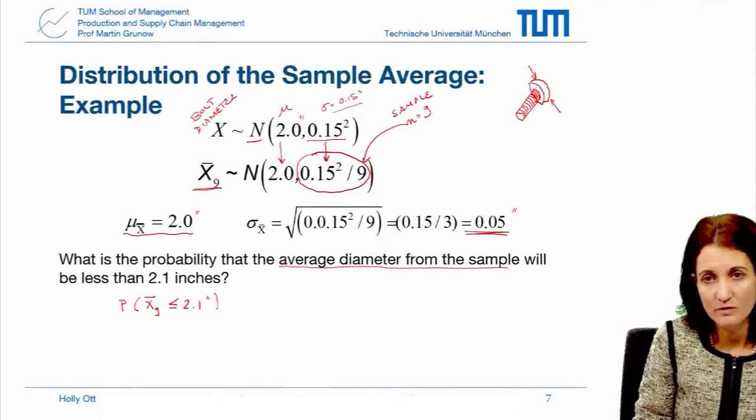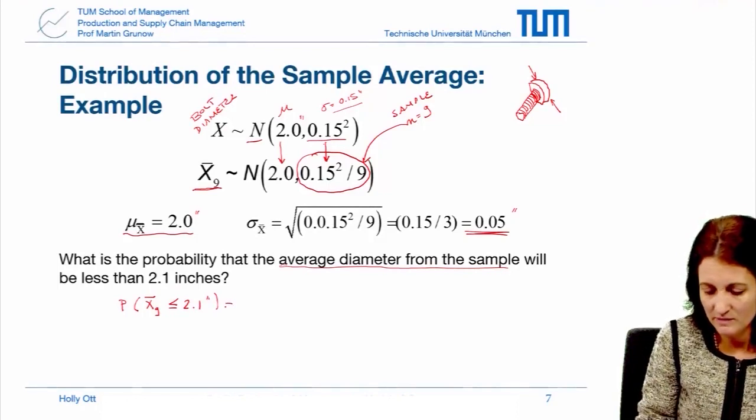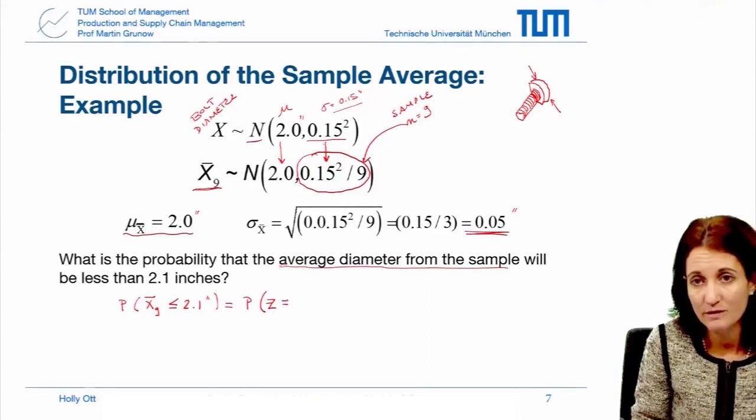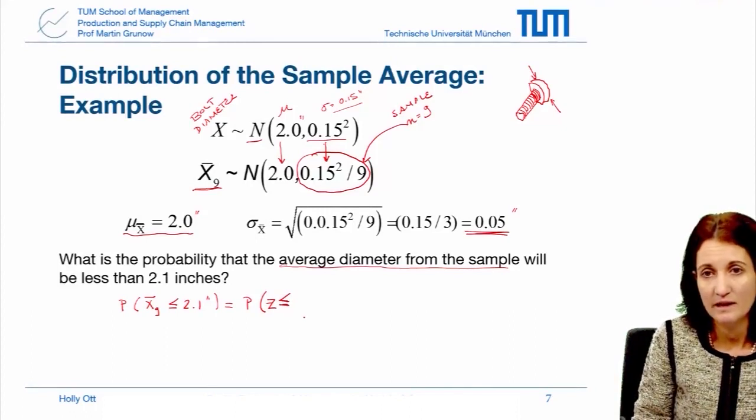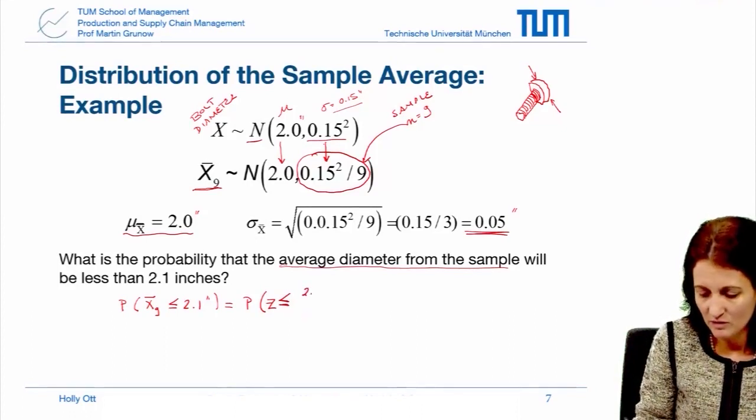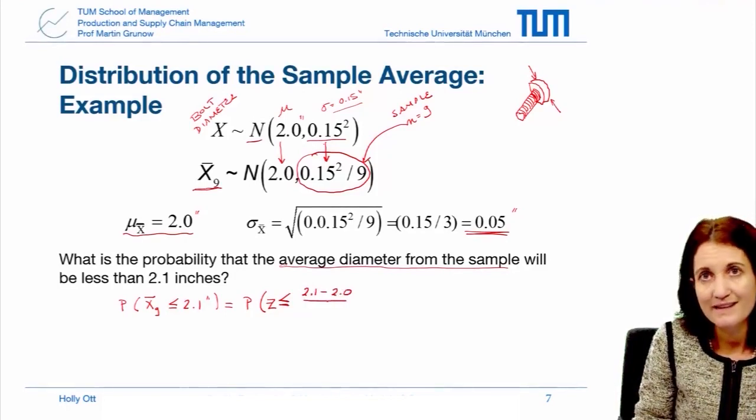To get the probabilities, we had to do our transformation and change to the z parameters so we could use our tables. Z is less than or equal to 2.1, which is what we're looking for, minus the mean over the standard deviation.